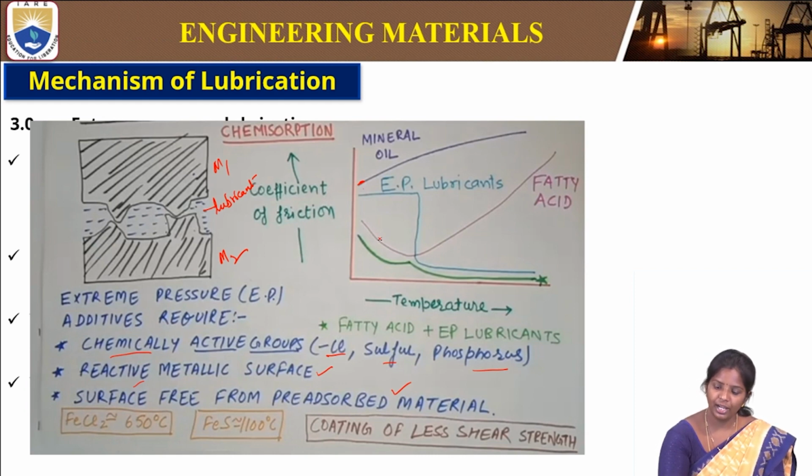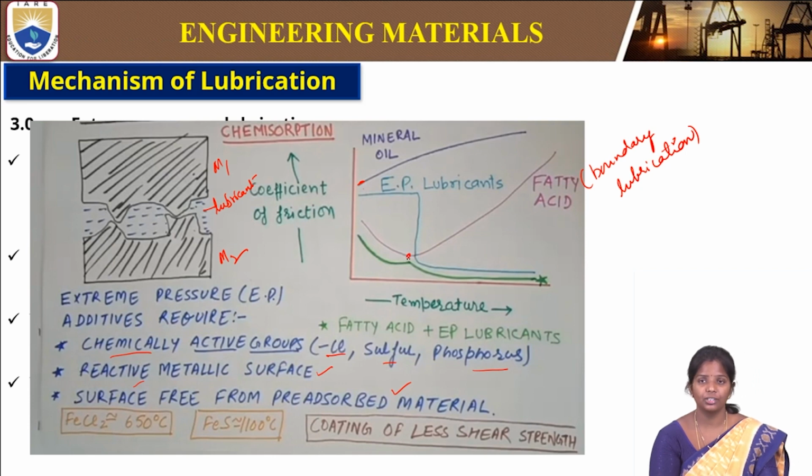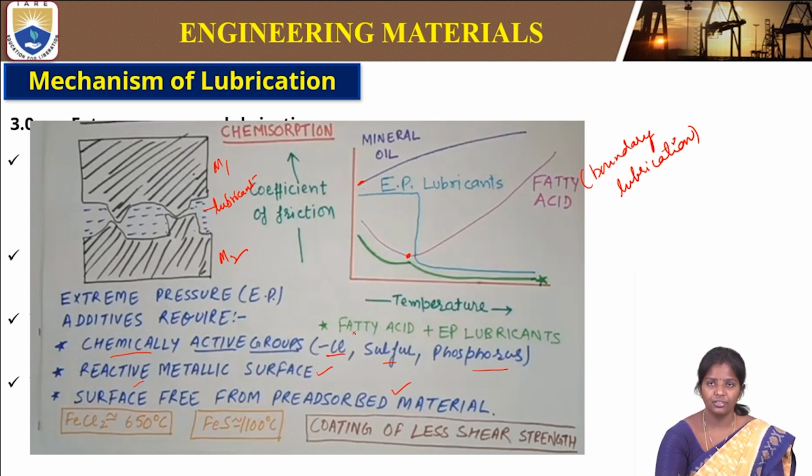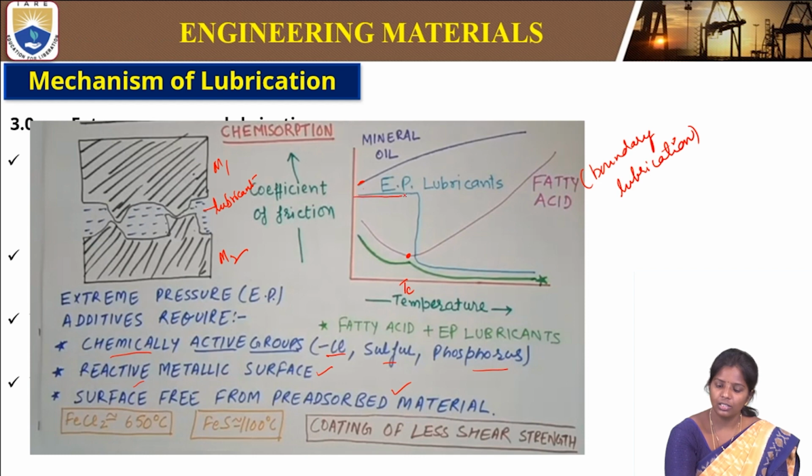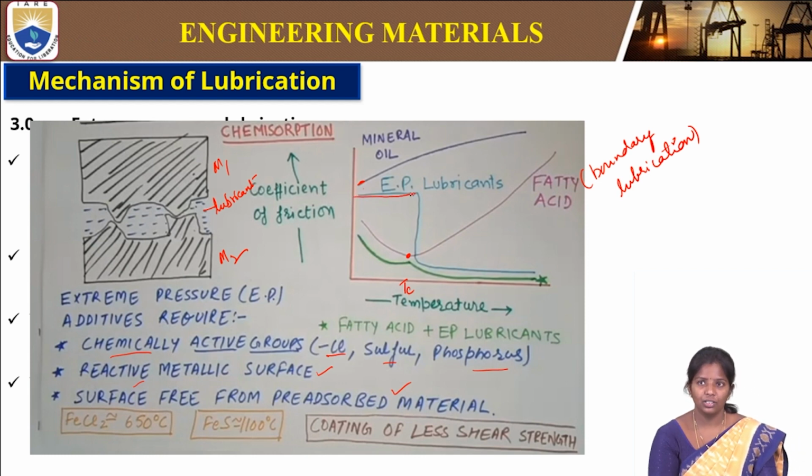But what happens with fatty acid, as we see in boundary lubrication? There is a decrease in the friction, but it will increase after the critical temperature. But when we use extreme pressure lubricants alone, the friction is constant till the critical temperature.